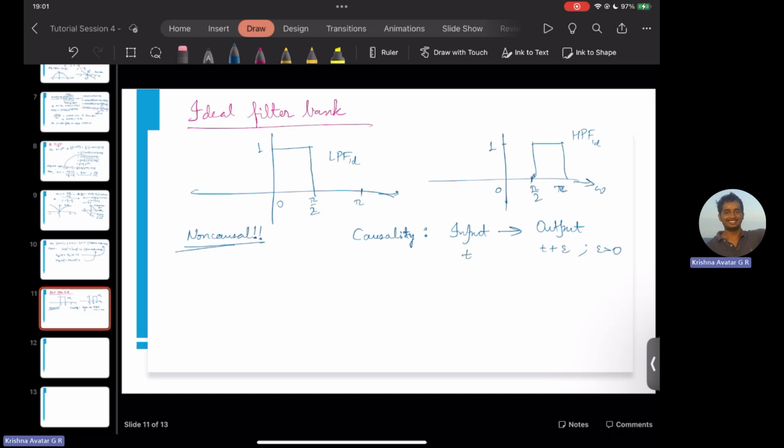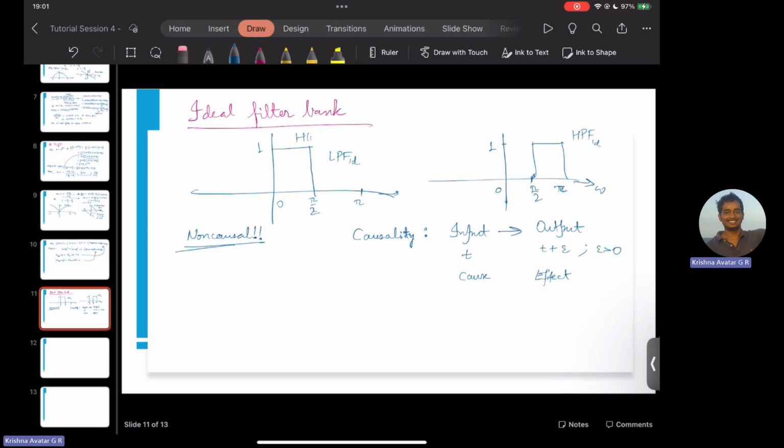So the output or the action must always follow, or in essence, the effect must always follow the cause, right? So this is the cause and this is the effect. You cannot have an effect without a cause. That is a fundamental assumption of any process, right?